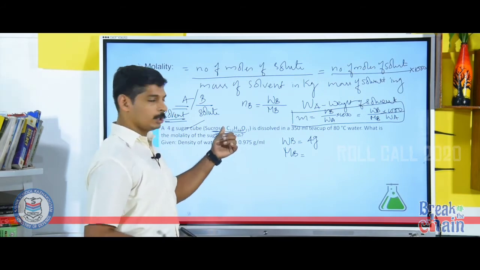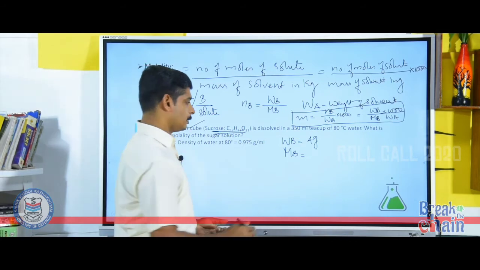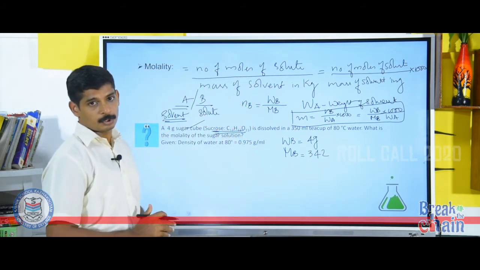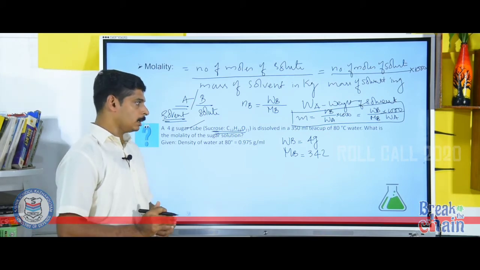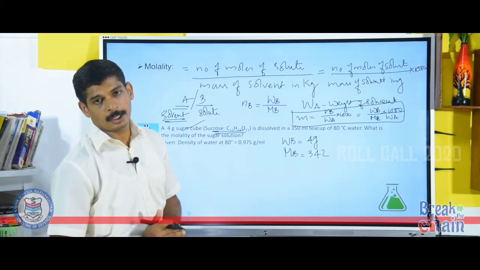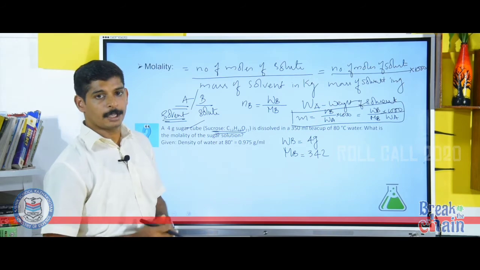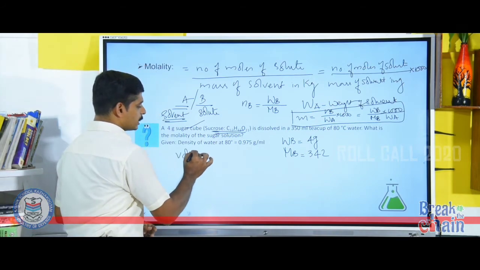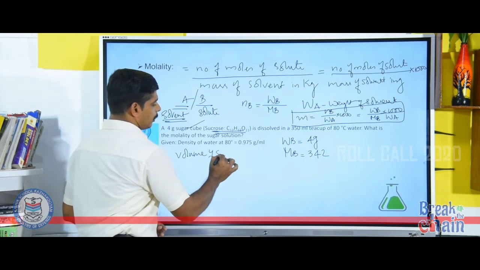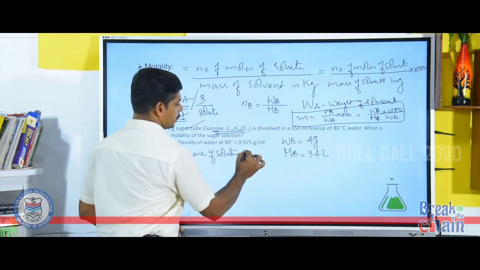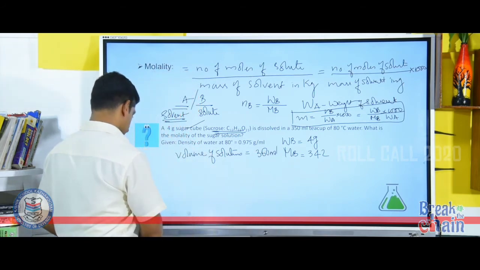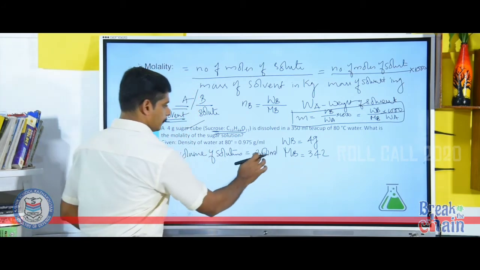So, when you put in this, you can find the molar mass as 342. Okay. What is the molar mass of sucrose? 342. Okay. And it is dissolved in 350 ml tea. 350 ml tea is the solution. So, the volume of solution is given. Volume of solution, that is tea, is equal to 350 ml.